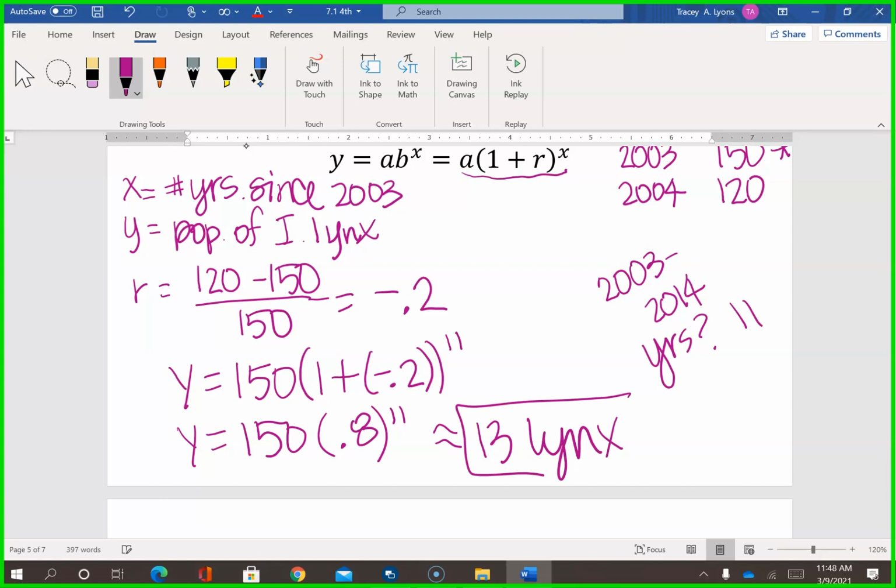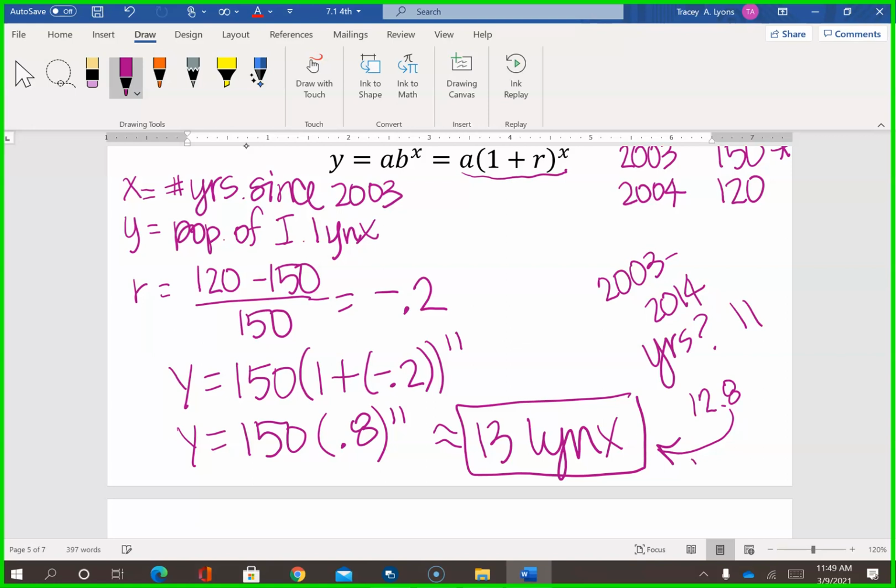Now, I rounded to the whole number on this one because we are talking about animals, and we cannot have partial animals. I think it was 13.4 or something. I don't remember. 12.8. Okay, so 12.8, and we rounded. This is an approximate number because you're looking at about how many are left, and it's about 13.